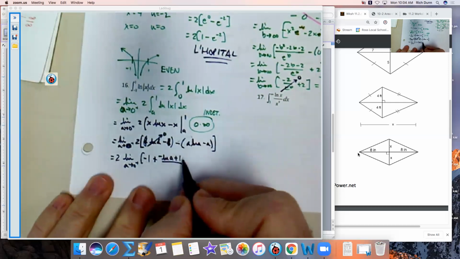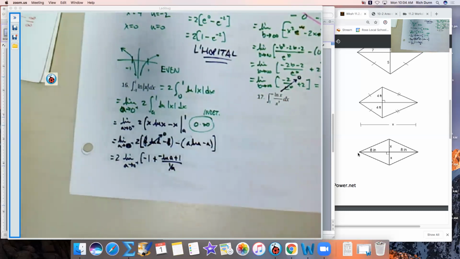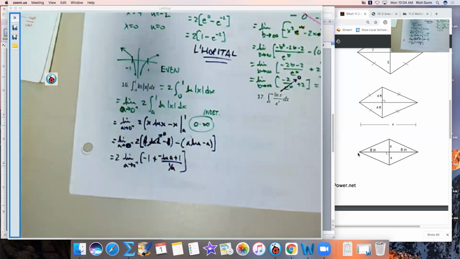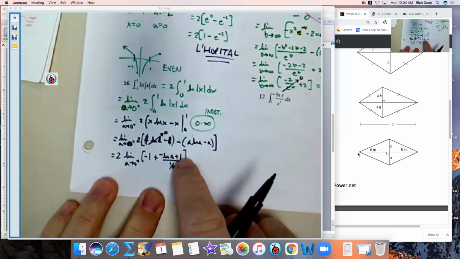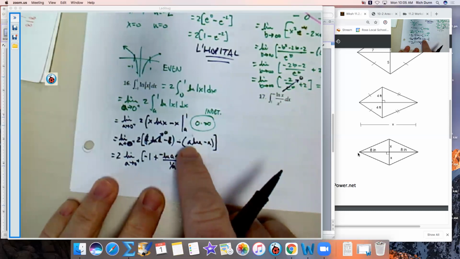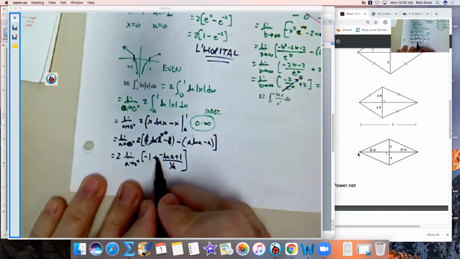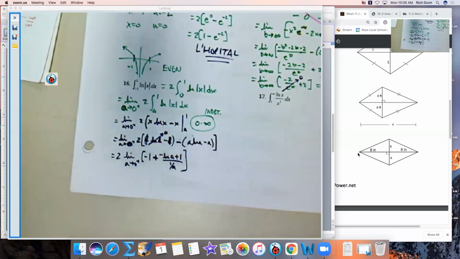Okay, and then I'm going to rewrite this all divided. If I factor out the a, I'll have to write this like this. So you can see this is a nice little technique we did with L'Hopital, where we rewrote this as a rational function, multiplied by the reciprocal, which would be equivalent forms of this. And hopefully I didn't mess you up with the negative that's distributed inside of there.